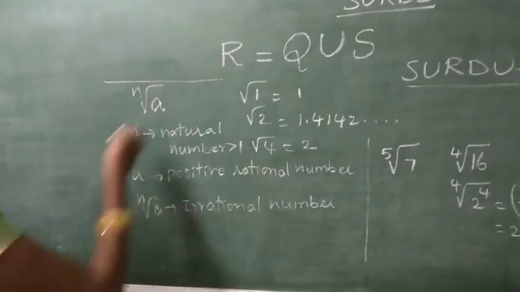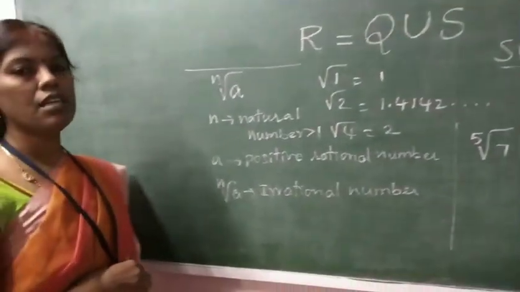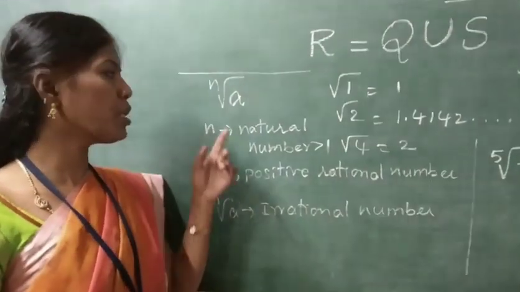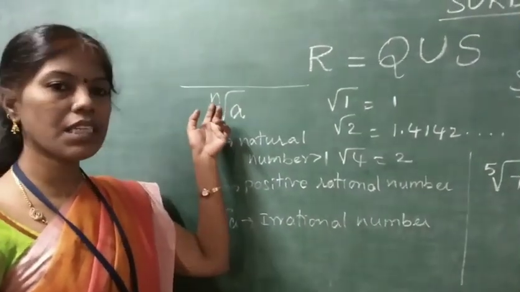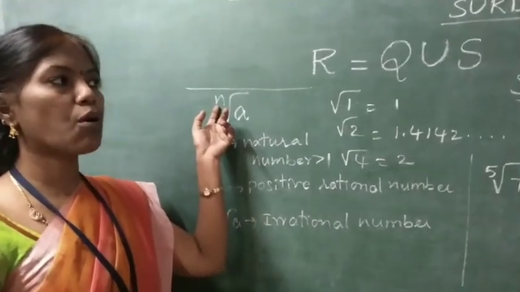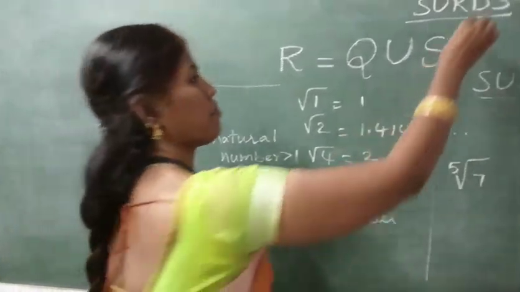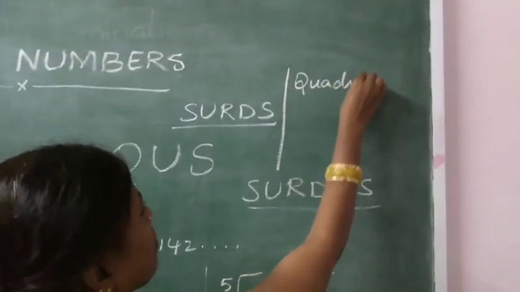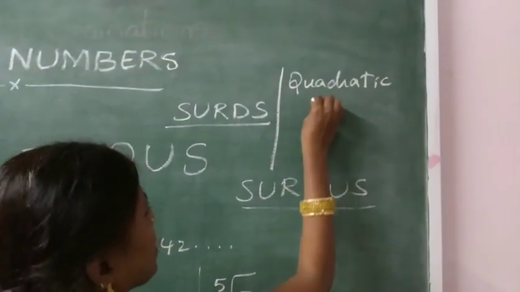Now, surds are divided according to the order of the surd. If the order of the surd is 2, we call it a quadratic surd. For example, root 2 and root 7 are quadratic surds.